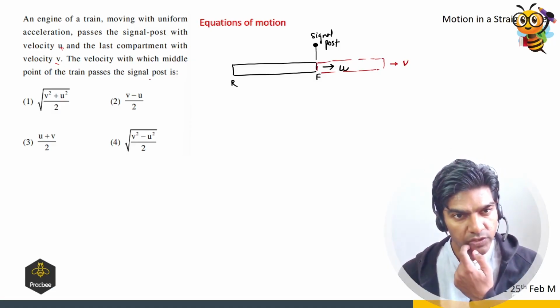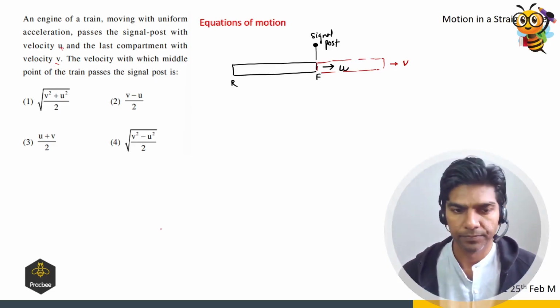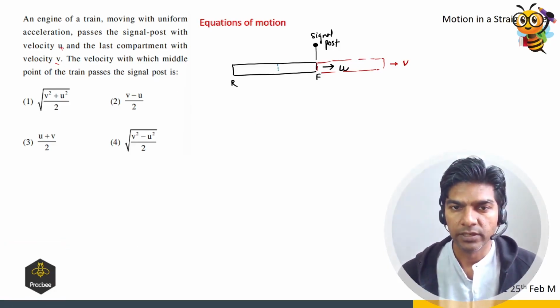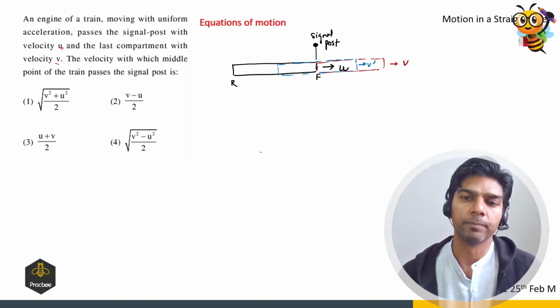So we have to find the velocity with which the middle point of the train passes the signal post. Something like this. When the middle passes the signal post, we have to find this velocity. Let us call this v prime.